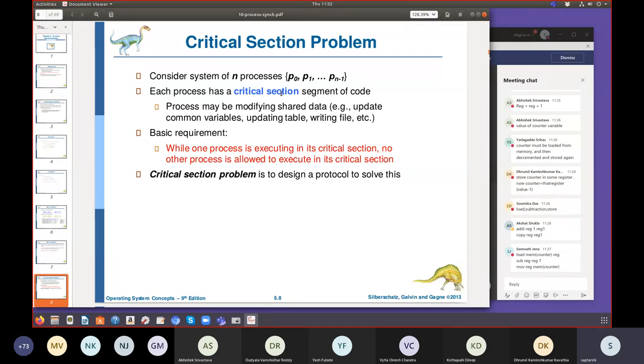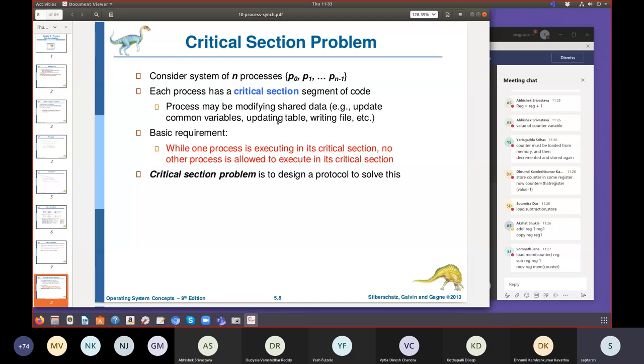And in this critical section, the process would be modifying shared data, which might mean updating common variables, updating a shared table, writing a file which different processes are accessing, and so on. Right, so the name is intuitive. Critical section means it is doing some steps which are critical, that means which can result in race conditions unless we guard against it.